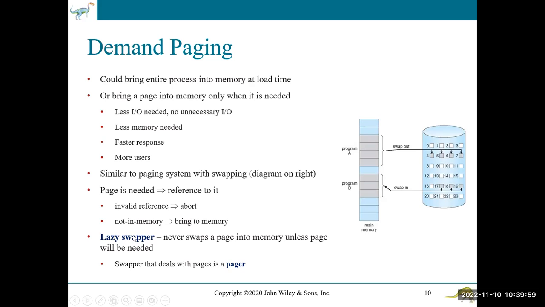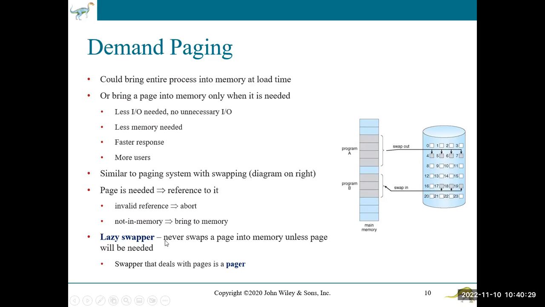This part of it I find really humorous. So the lazy swapper is a component of demand paging. Those seem to be contradictory interests, right? So you have demand paging where you need something, but in extreme cases, it never swaps a page unless a page will be needed. So the lazy swapper only demands a page in the case where it's needed.